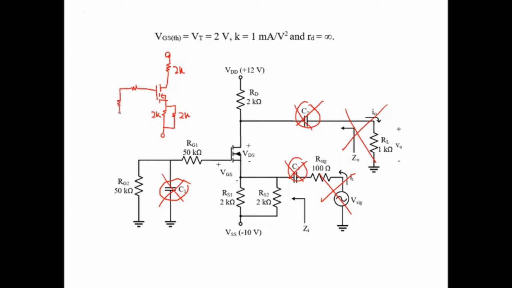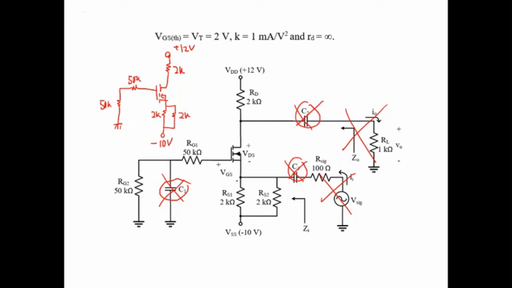You have your RG1, this is 50K, this is 50K. And then this is minus 10 volt, this is plus 12 volt. Okay, so you have this bias circuit. You need to analyze the simplified circuit.